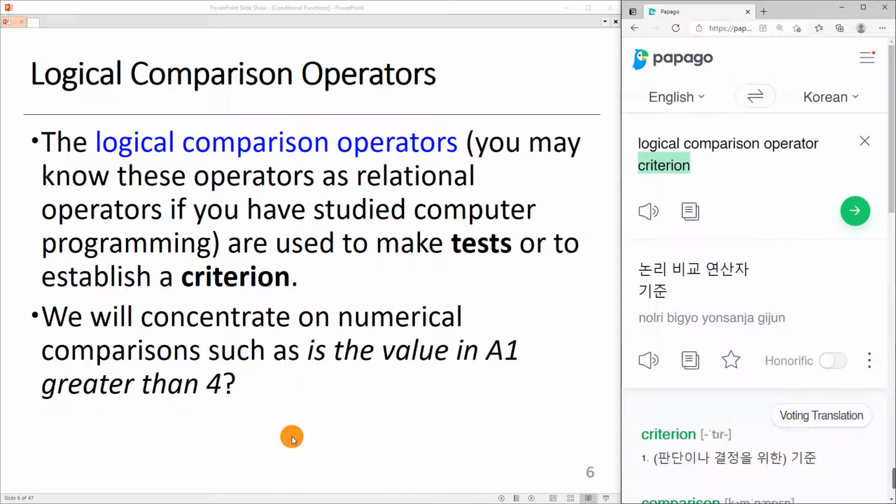So we will store some number in cell A1, and we will check if this value is greater. Greater means larger than 4. So I suggest us to check a very simple example is discussed on the next page of this presentation.